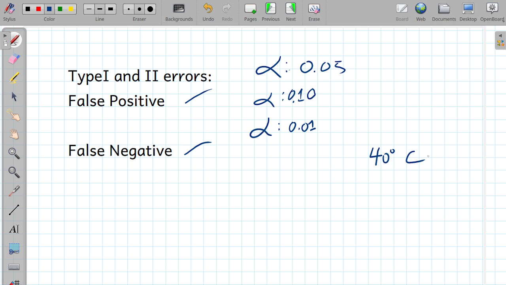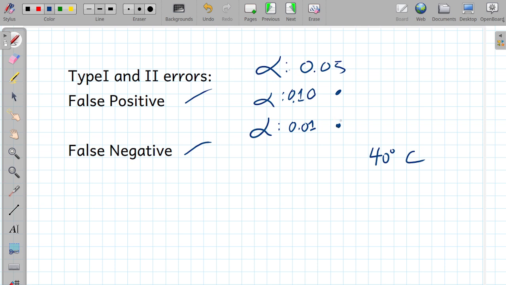So when you choose your level of significance, you want to minimize the result that causes the most damage. Well, we noticed that the false positive didn't cause any real harm, and the false negative did cause real harm. So let's take a look at the two extremes, the 10% and the 1%.